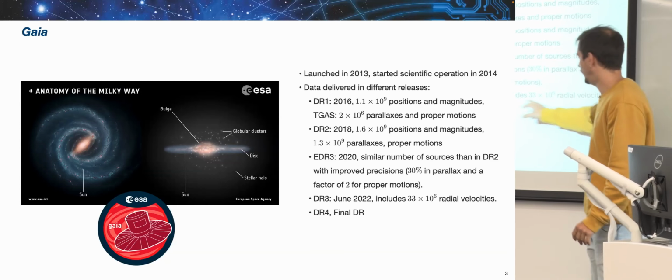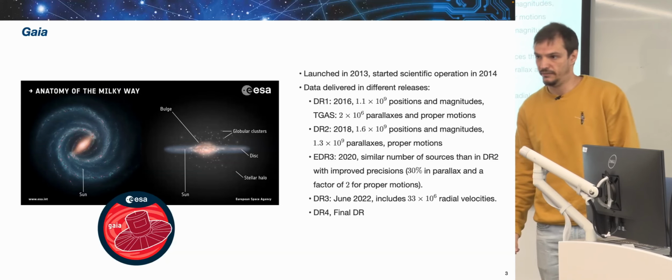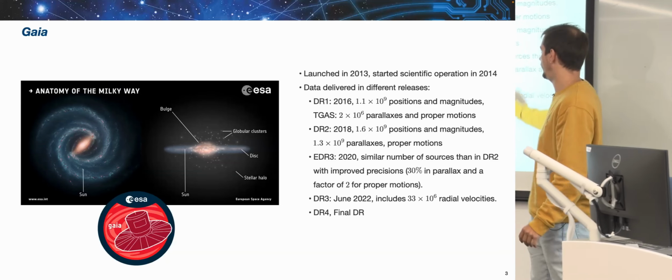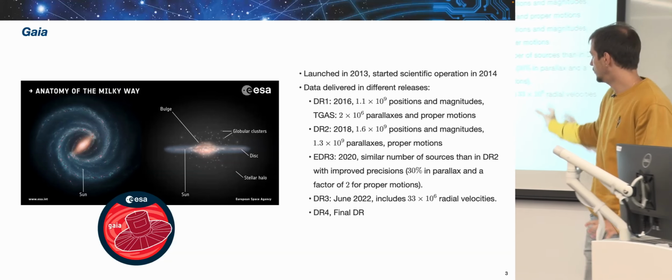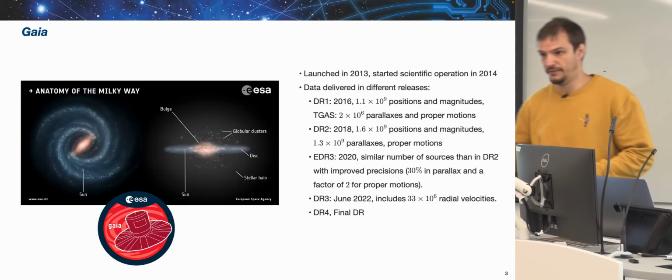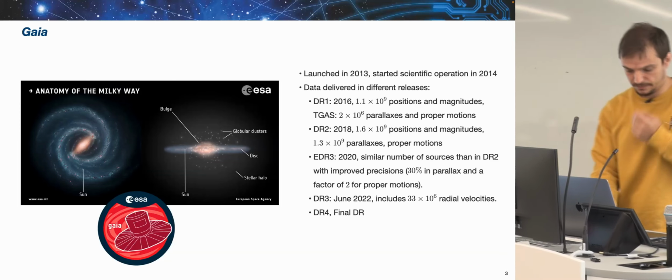And we also have now 30 million sources with radial velocities. I put these numbers here not because they are very relevant, but to show that despite the high numbers, Gaia is far from complete, and we're going to see that as well.